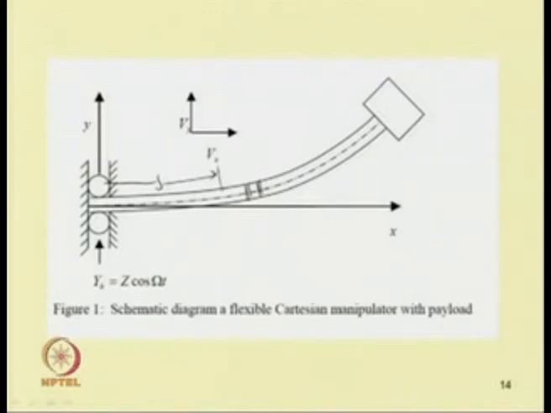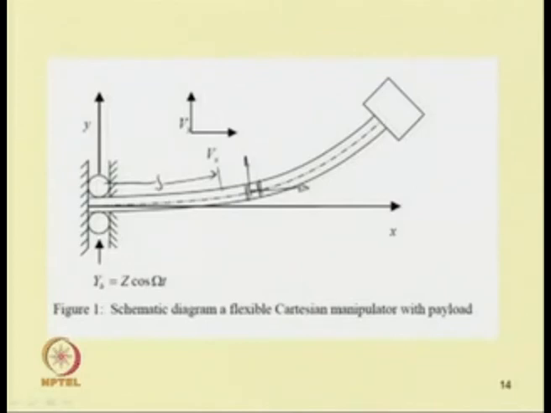Then for this section, it will be the mass of this element into u double dot, which will be the inertia force in the axial direction. Similarly, we can have the inertia force in the vertical direction, that will be m into del square v by del t square.